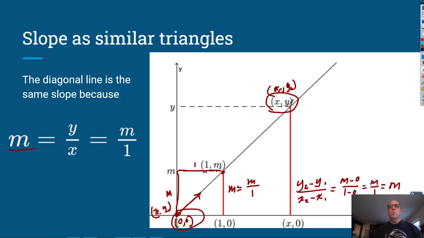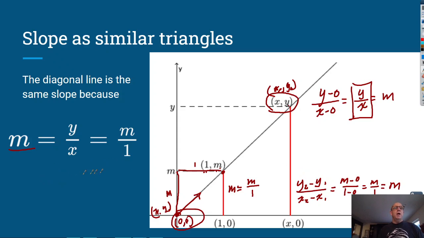So y2 is just y, and y1 is 0, so y minus 0. And x2 is x, and x1 is 0, so x minus 0. And that becomes y over x. So the slope of this line at any point is y over x.